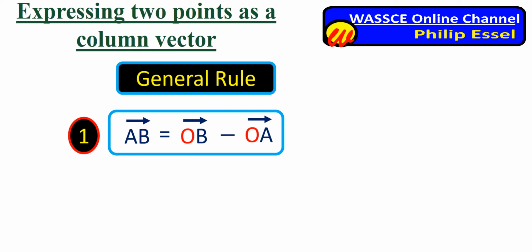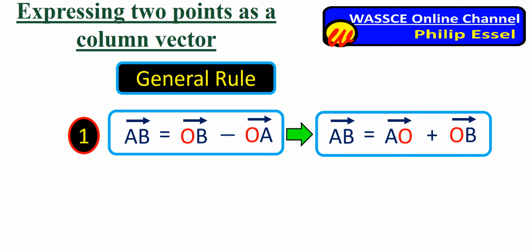OA. And please, I need you to note that this general rule is not different from what we have done in previous slides. This vector AB equals OB minus OA. We've already stated in previous slides that it is the same as vector AB equals vector AO plus vector OB.